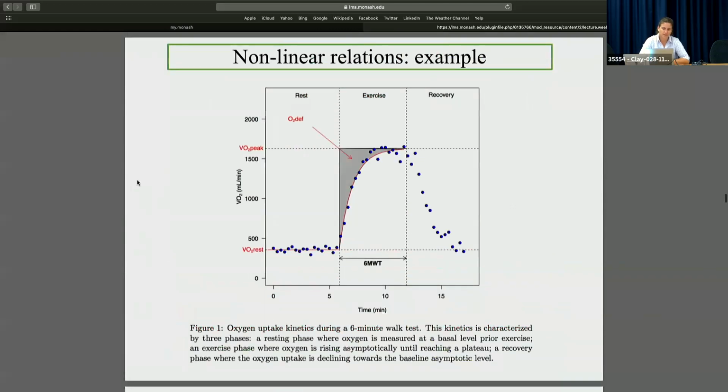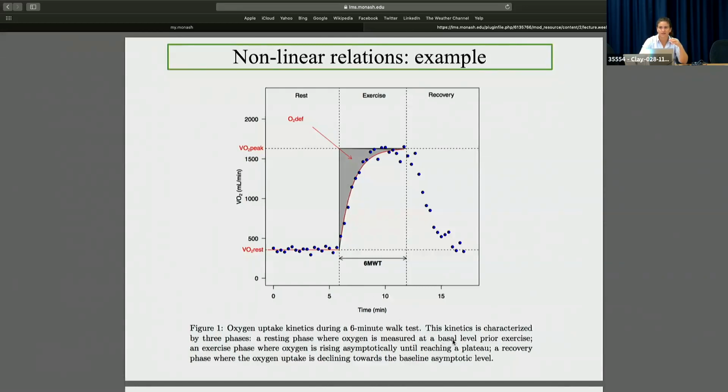Now, another thing to take into account first is that in many relationships and many types of data, I can have different relationships happening at different parts of the range. So I can see things like this: this is oxygen uptake when we do a 6-minute walk test. At first, we're rested. I have a period where I'm just sitting there and resting, getting a baseline. And then I start exercising. So here the type of relationship is different. There are 3 phases.